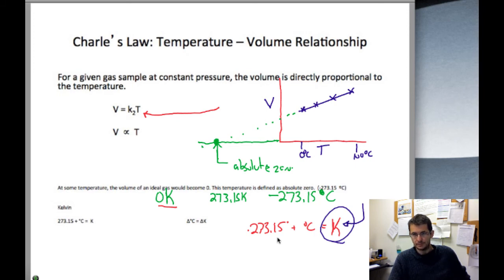All right? So, pressure and temperature. This relationship between volume and temperature we call Charles' law.